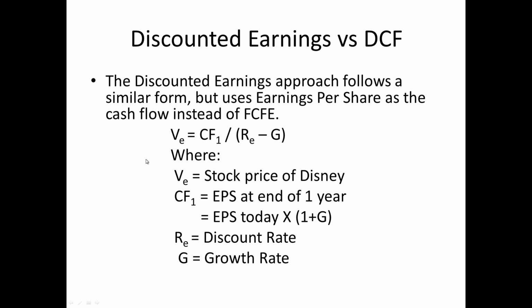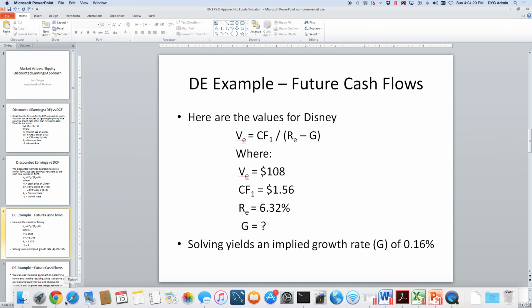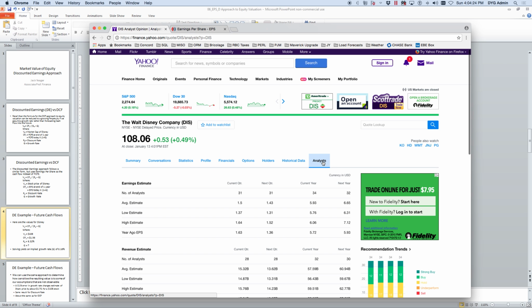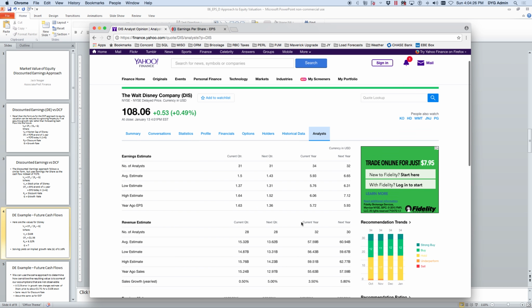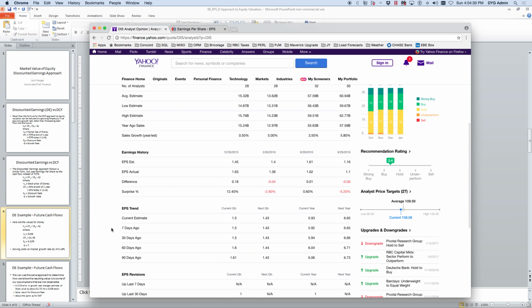All right, so when we do that for Disney, we know that the stock price is $108. I've shown you where to find that before. The cash flow, the earnings per share, is $1.56. Let me show you real quick where I get that. When I go over to Yahoo again and look up Disney, I can go look into the analyst information, and you'll see earnings per share trends.